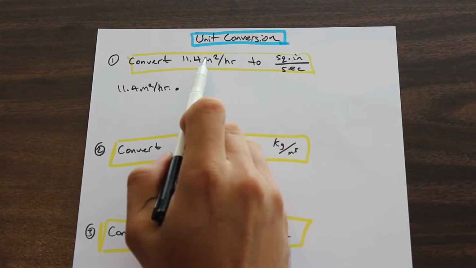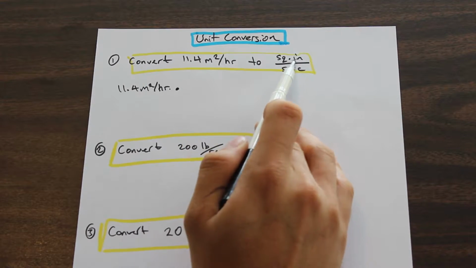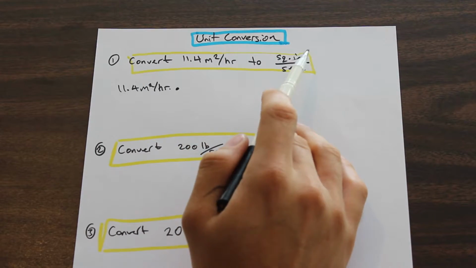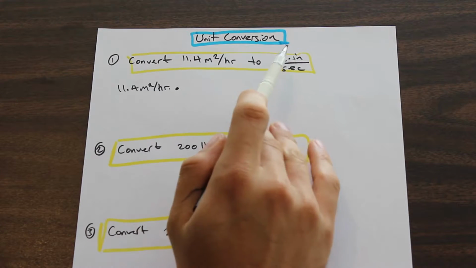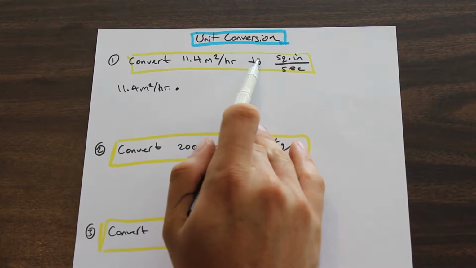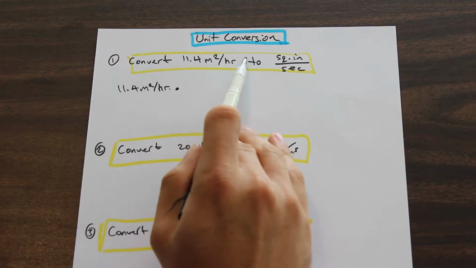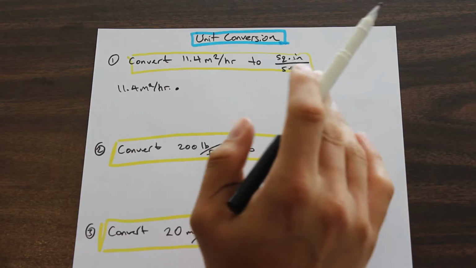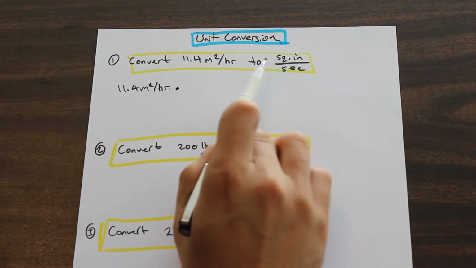So how do we go about doing that? In the test you'll be given these conversions, but you may not be given meters to inches. You may be given how many feet in a meter and how many inches in a foot. So you're going to need to convert twice, from meters to feet and feet to inches, and that's going to be the trick here. Let's start with the meters unit, and then we'll convert the hours unit after.